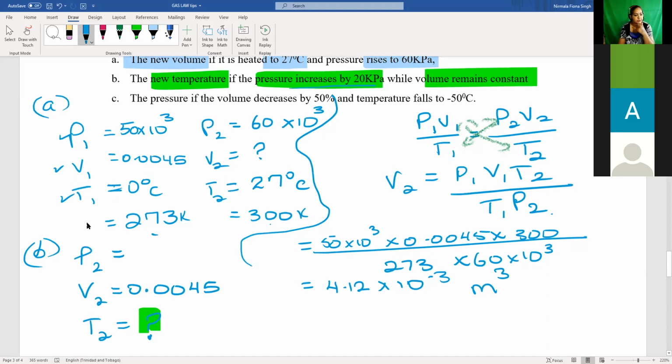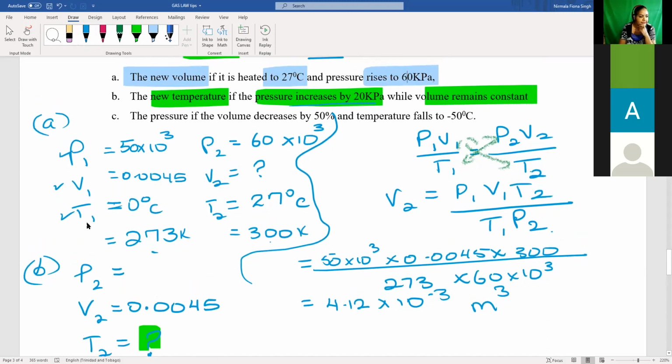If my initial pressure was 50,000 and I increased by 20,000, what's my new pressure? 70,000, very good. So you're going to end up getting 70 by 10 to the 3.